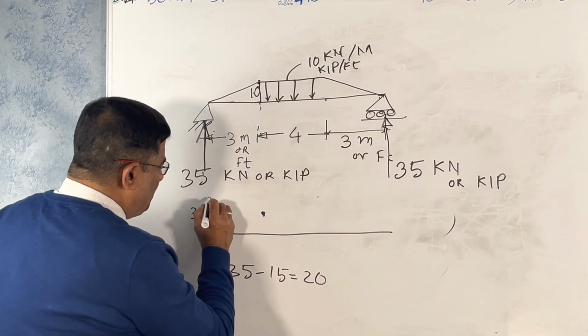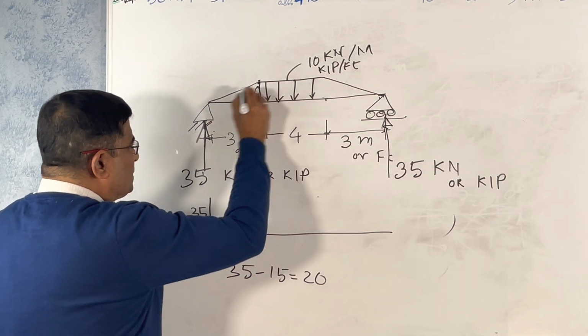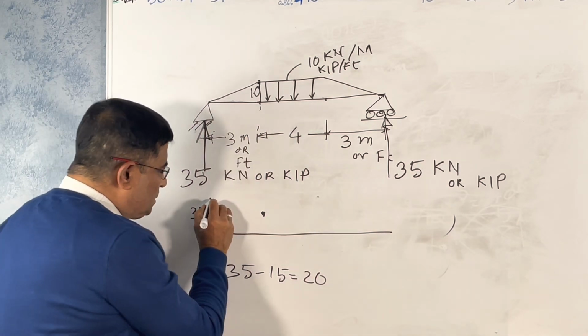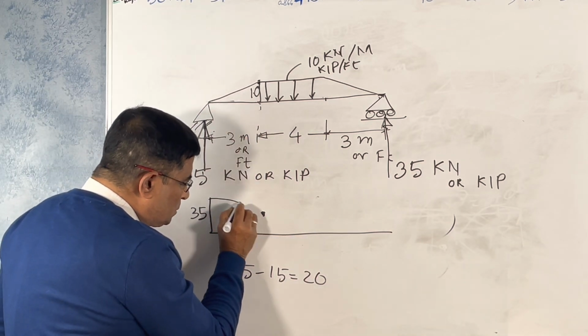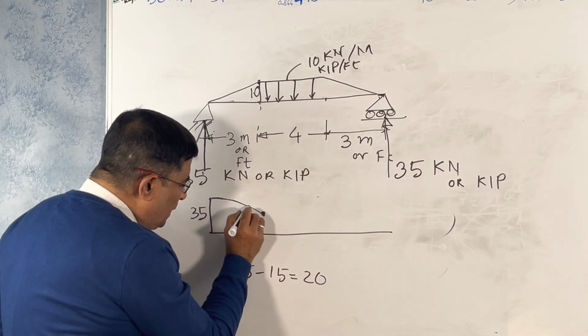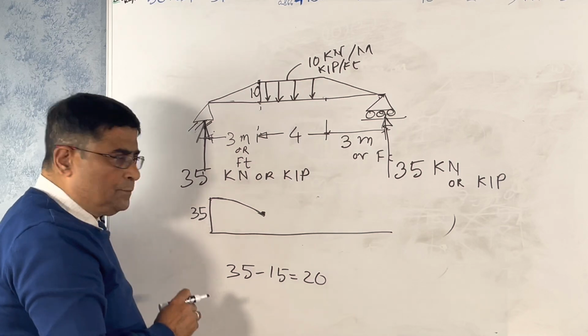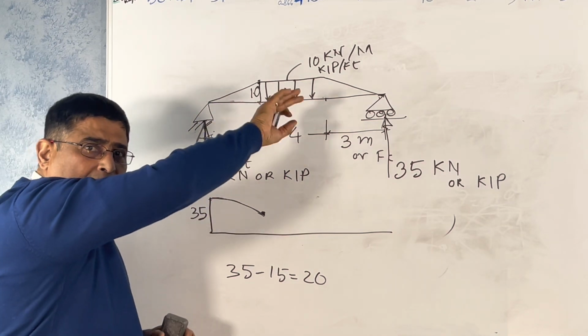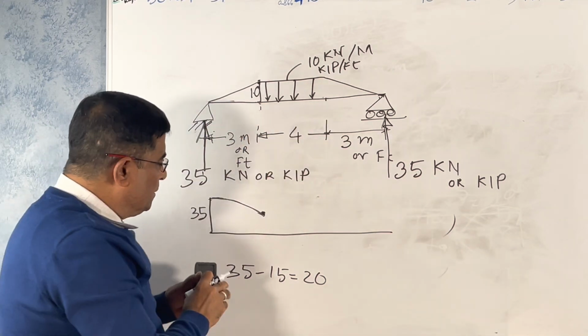So this is parabolic because the load is triangular. Triangular load gives a parabolic shear force. It goes like this, initially a little flat, going slowly, then going sharp, because the intensity is getting bigger towards the right.